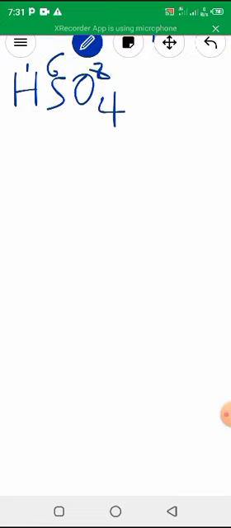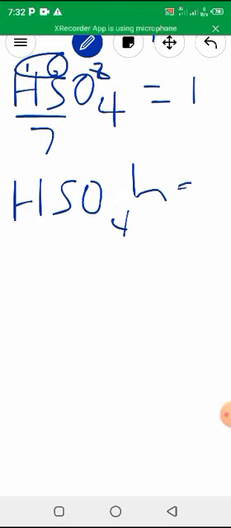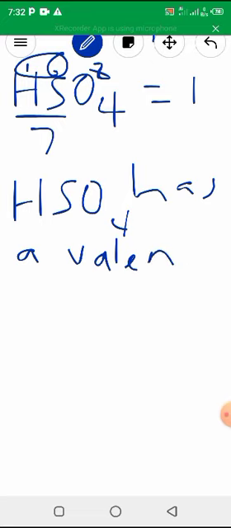Combine the groups together: 1 plus 6 is 7. Therefore, hydrogen and sulfur, 7. 8 minus 7 is 1. Therefore, hydrogen sulfate has a valence of 1.